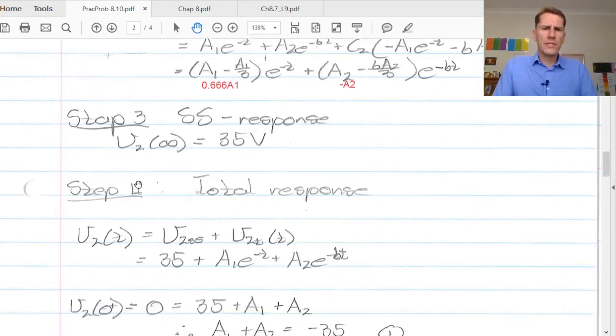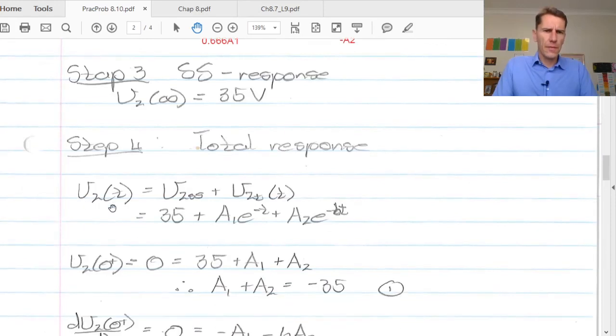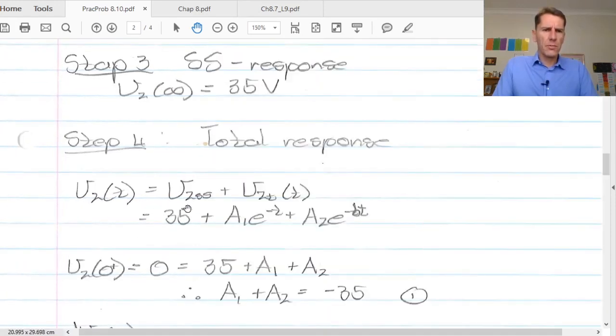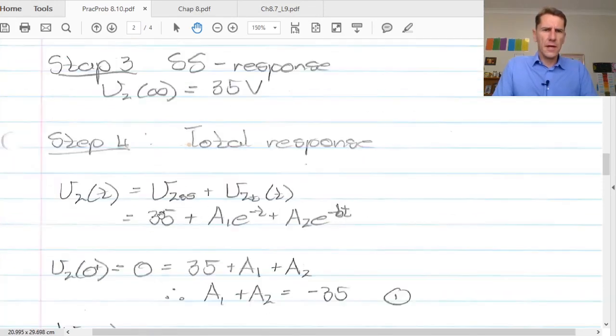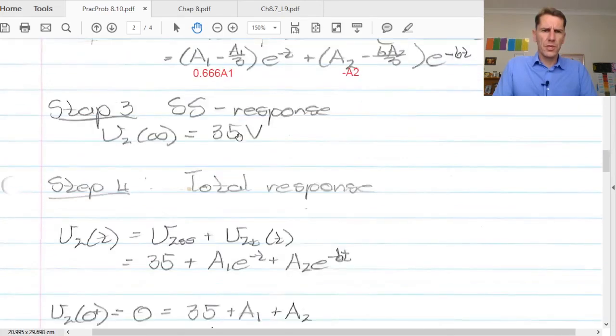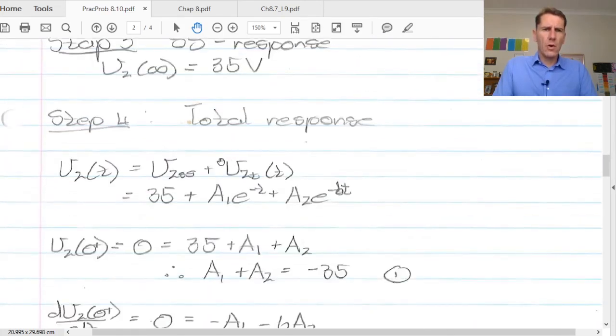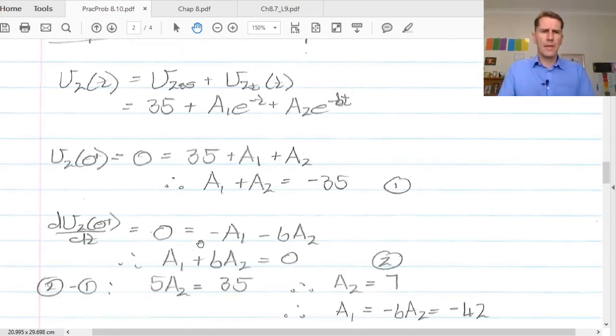Now step 4 is get the total response. The total response, remember, is steady state plus transient. Steady state is 35. Transient, we just got the expression at the top there. Like in all the previous examples, we're going to use V0 at time 0 plus and dV/dt at time 0 plus to solve for A1 and A2.